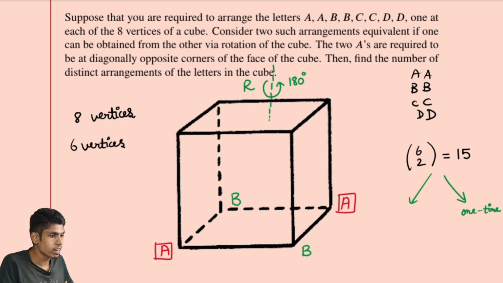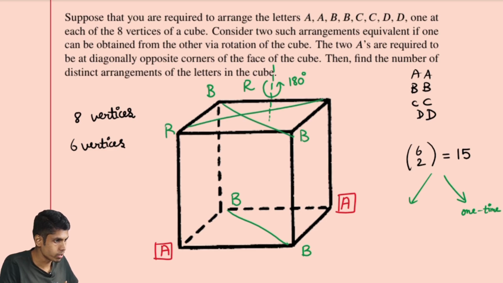The symmetrical can occur either in this way or along the diagonal of the top face. That has two possibilities, either of the diagonals. Only in these configurations, B will remain the same and that will be counted only once. So there are 3 of them. But for the remaining 12 of them, you will have the B's asymmetrical with respect to R.